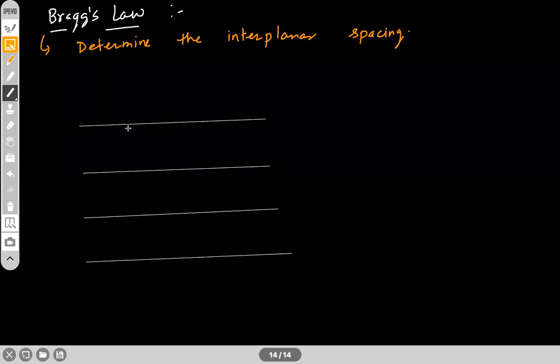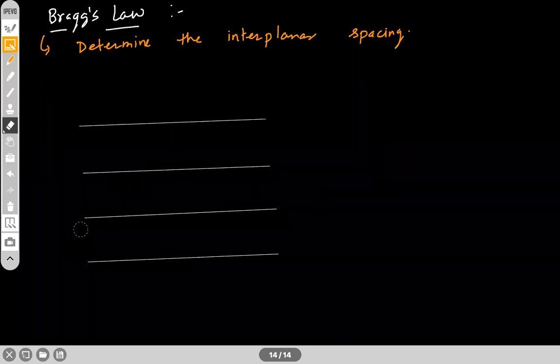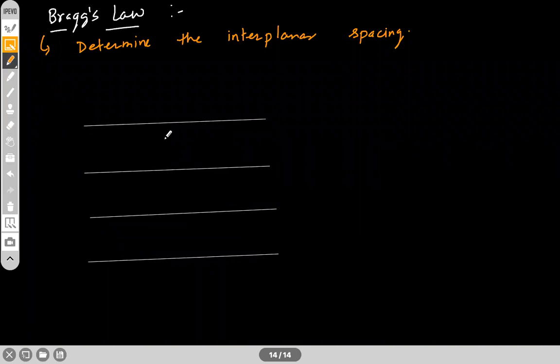Right? This is the layered structure we have here. Interplanar spacing, here we need to find out. So obviously we have a crystal, so we'll have atoms present here.